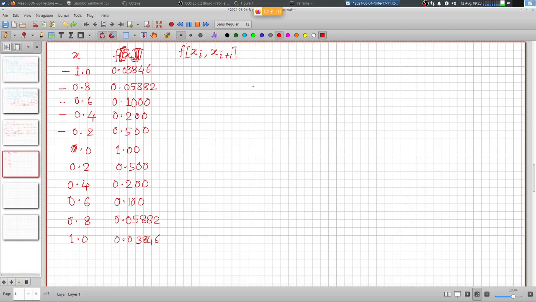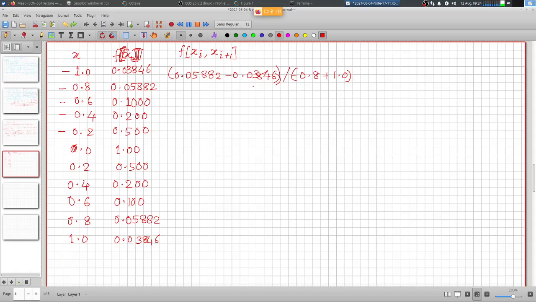So this would be given by 0.05882 minus 0.03846 divided by minus 0.8 plus 1.0.